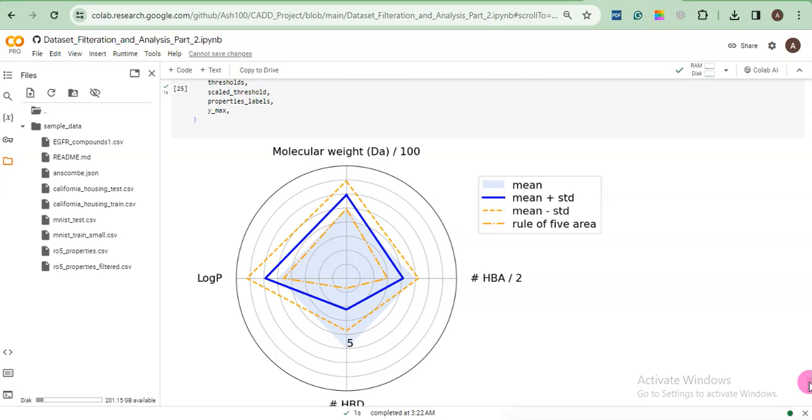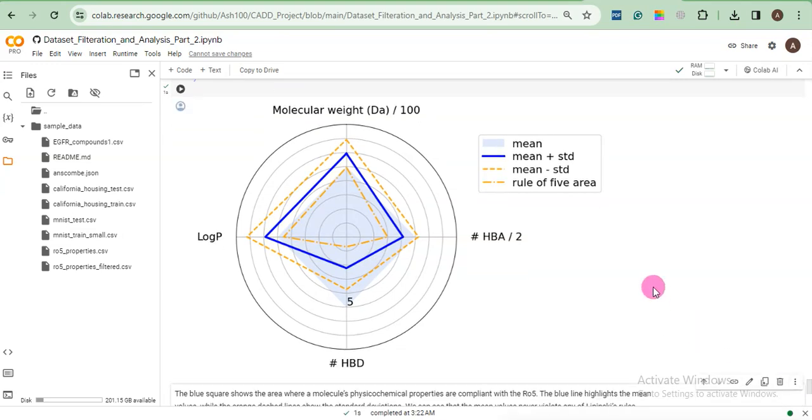Now we had generated two more data sets. In part first we generated our data, and in part second we also learned how to filter this data. We will continue this filtration, and we split our data set into two parts. One is the filtered data, which obeys or follows the rule of 5.